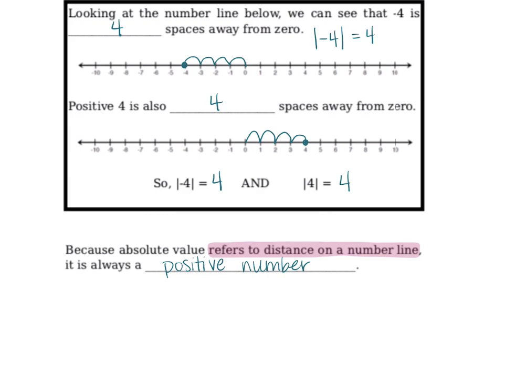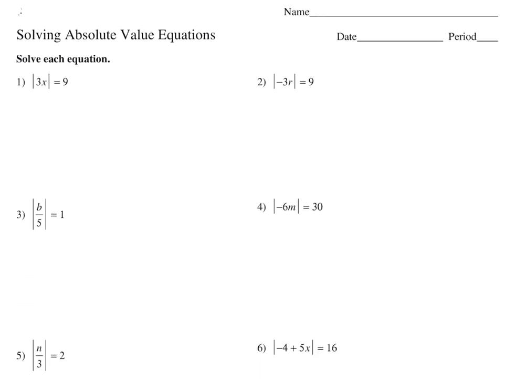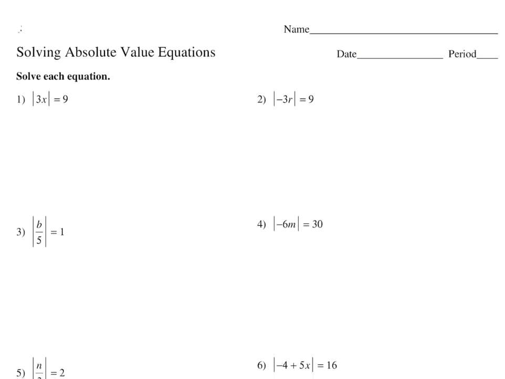Okay, so we're going to go down and work some questions. So we have absolute value equations. When solving absolute value equations, you're going to set this up and solve it in 2 ways. You're going to take your absolute value equation and set it equal to +9, and you are going to solve.